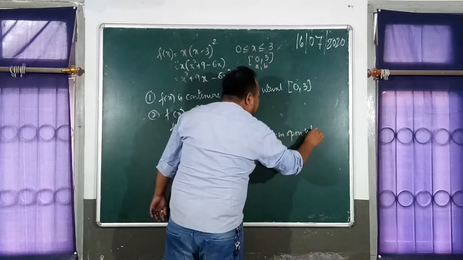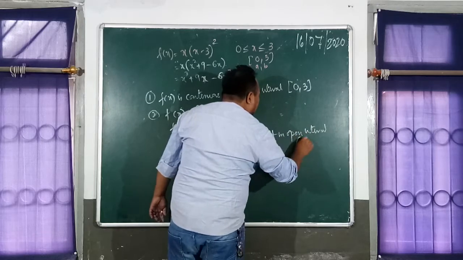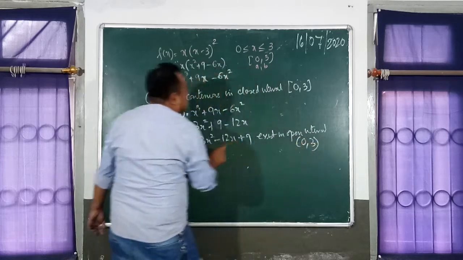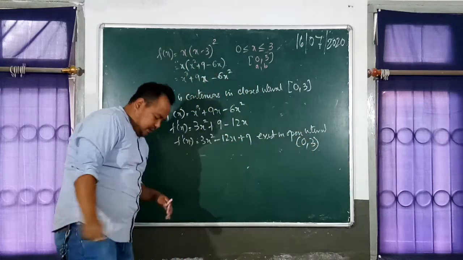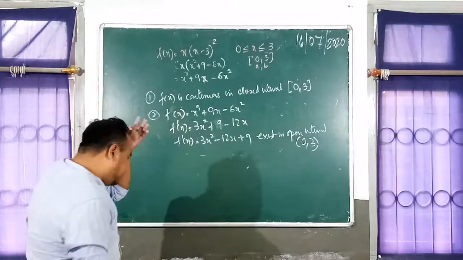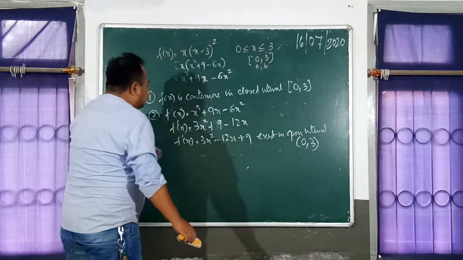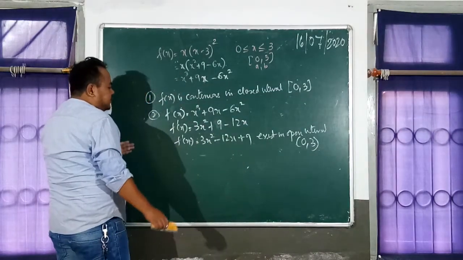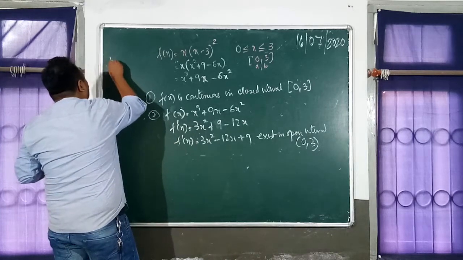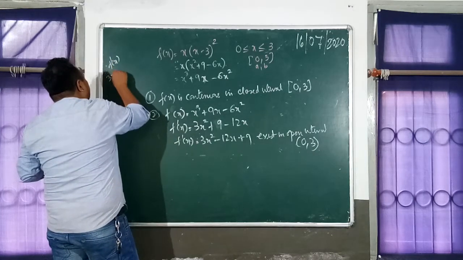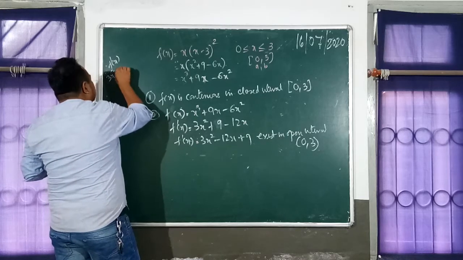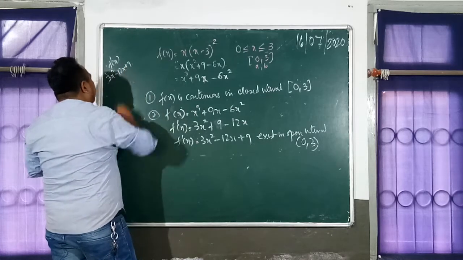What is the open interval? (0, 3). Just writing down the statements will fetch your marks. That's why I told you this is a short question. So this is how you find f'(x). I need this value, so I'm just going to copy that. f'(x) is 3x² - 12x + 9.